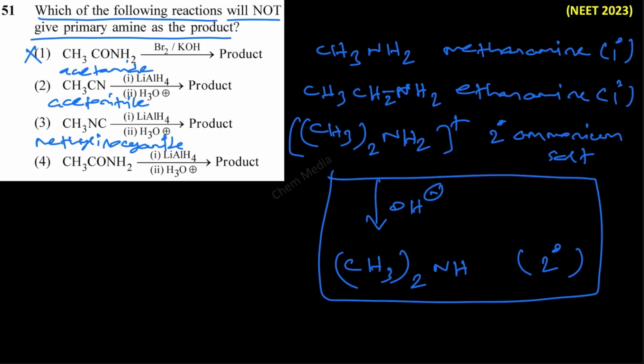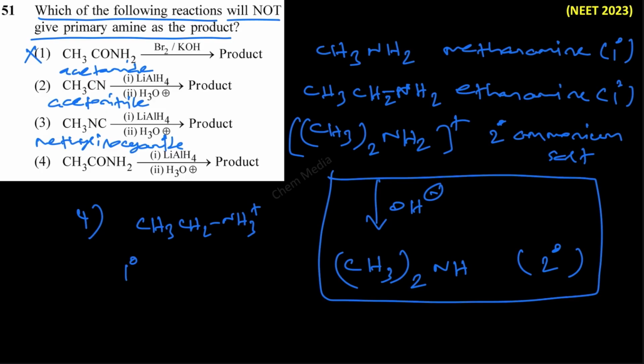And in the case of 4, we are treating acetamide once again with lithium aluminum hydride followed by acidic hydrolysis. Here we would get a primary ammonium salt, that is CH3CH2NH3 plus. That's what we would get.